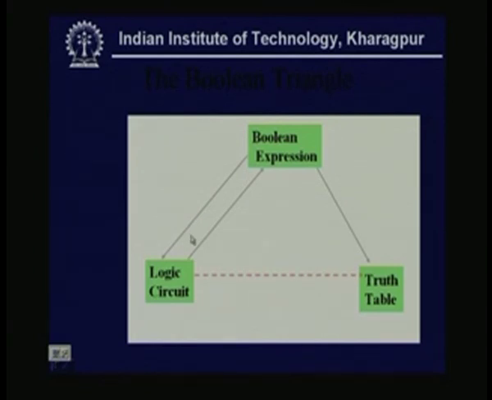Now, if a Boolean expression is given, I can draw the logic circuit. In the reverse direction, if the logic circuit is given, I can also compute the Boolean expression.